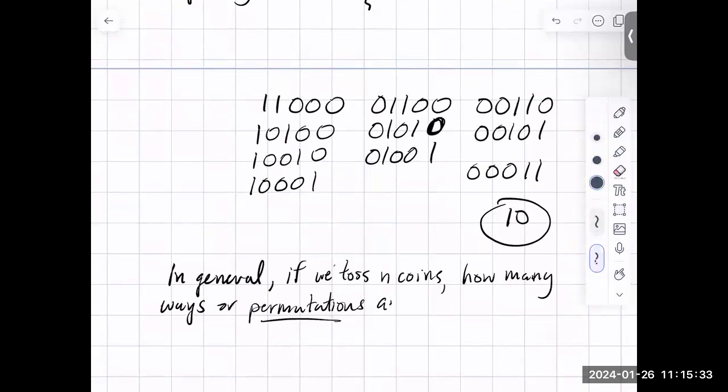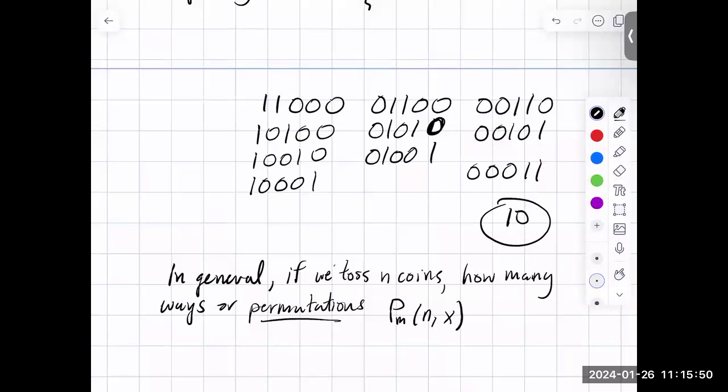And so we're going to give some notation, or some syntax, of permutations, P, M, N, X. Okay, so we're going to ask how many ways can we get X heads out of N coins.